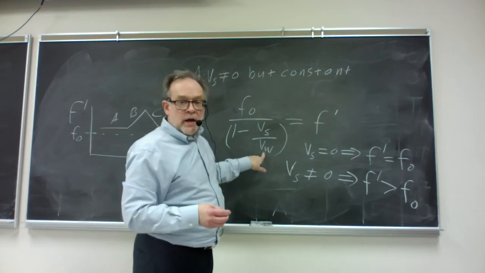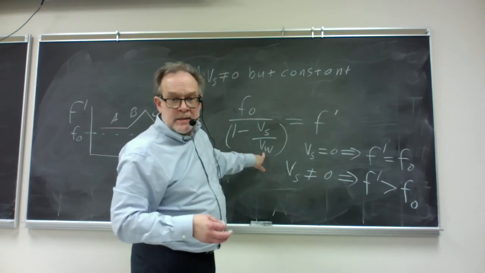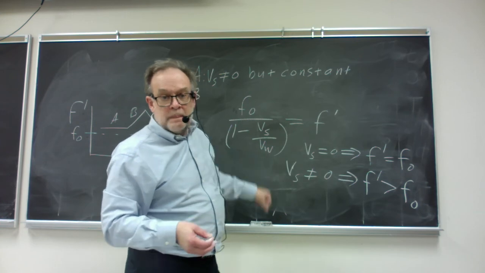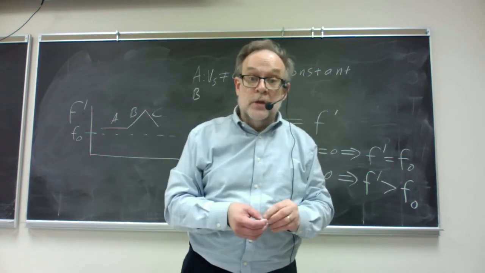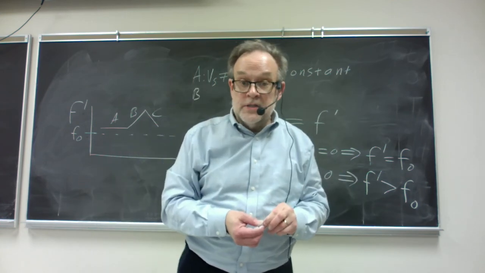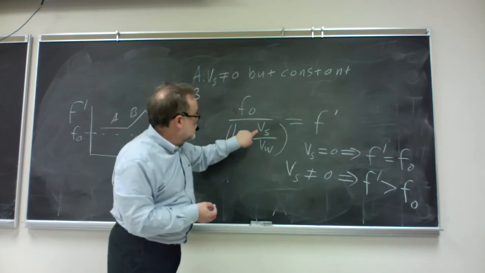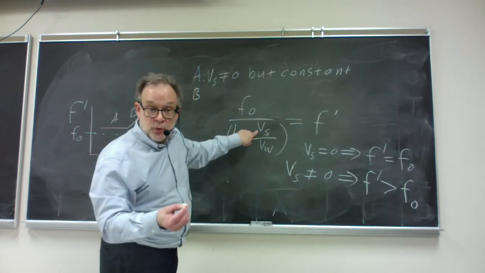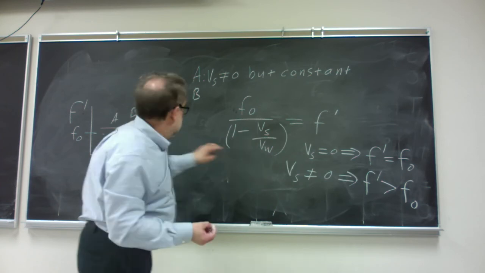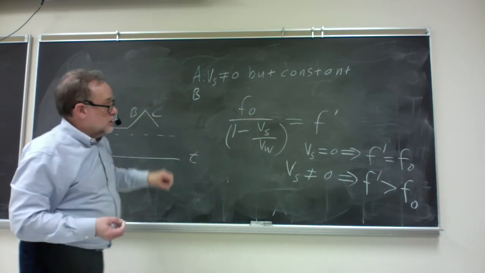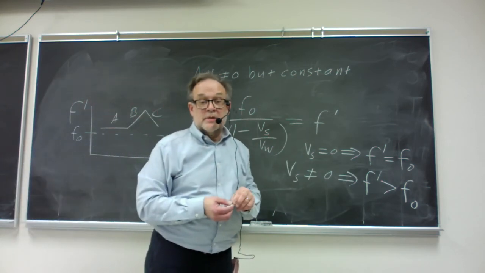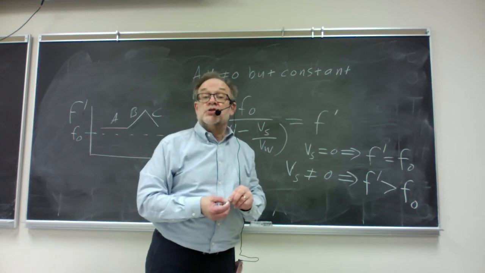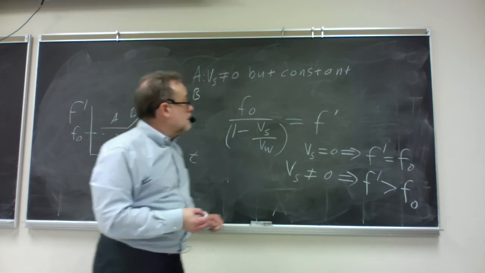It's the same kind of sound wave moving through the same kind of air. The medium isn't changed, so the velocity of the wave is not changed. The only thing that could change is the speed of the source. And in this case, getting this kind of a change in f prime, in the perceived frequency, it's changing because the source is speeding up.